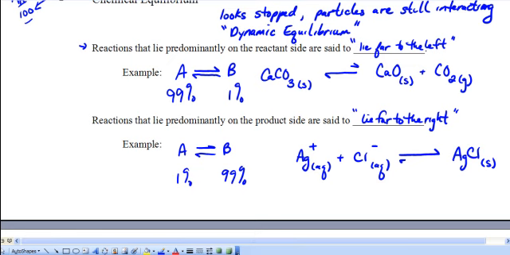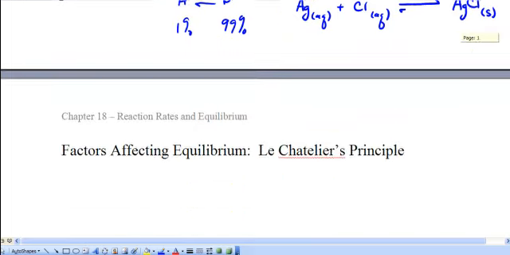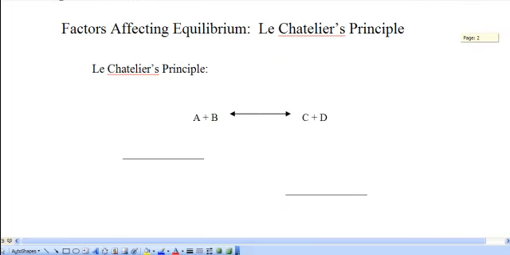So that's what equilibrium looks like. It's different for every reaction, and so you have to have a way of expressing what that is. Now, equilibrium can be shifted back and forth. And that's the next topic. It's called Le Chatelier's principle. Le Chatelier's principle will tell you whether or not a reaction is going to be moving to the right or to the left.